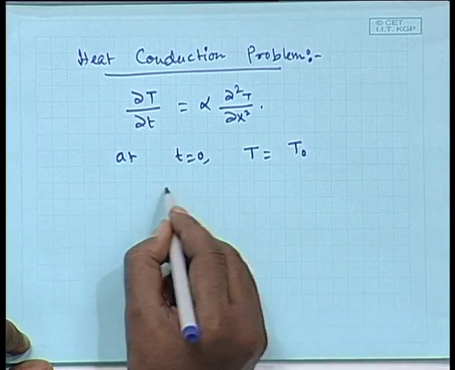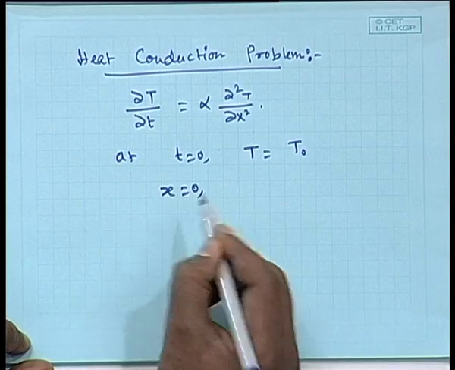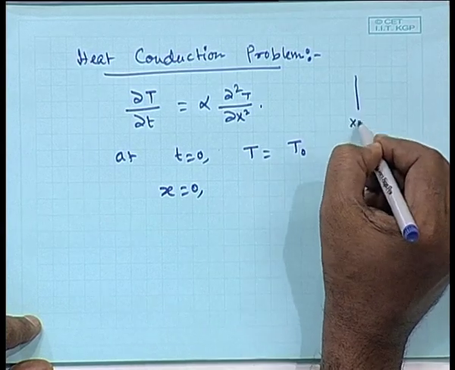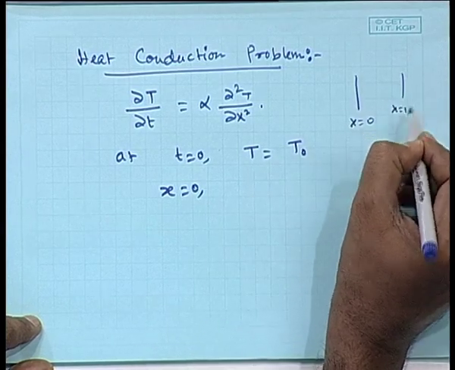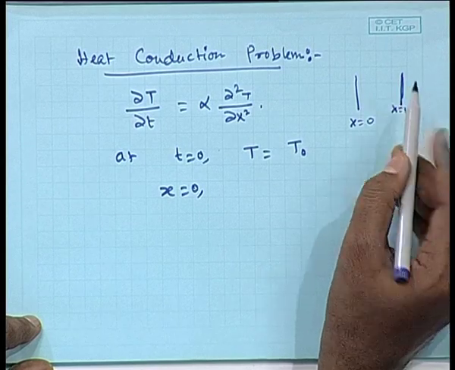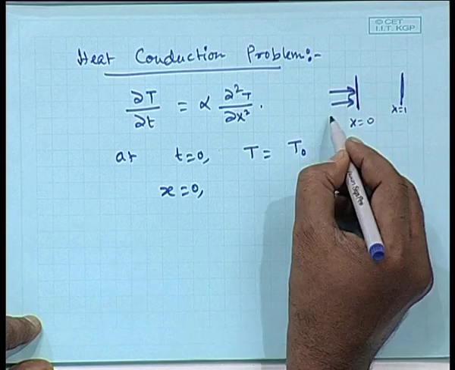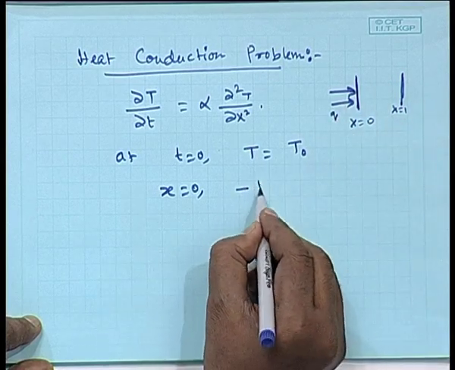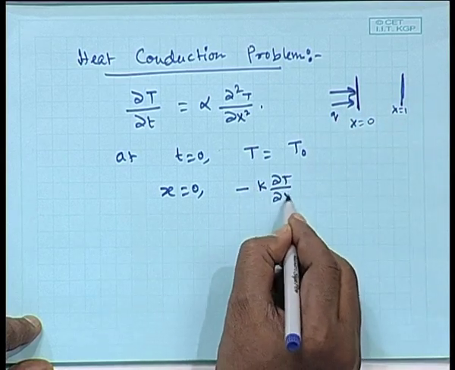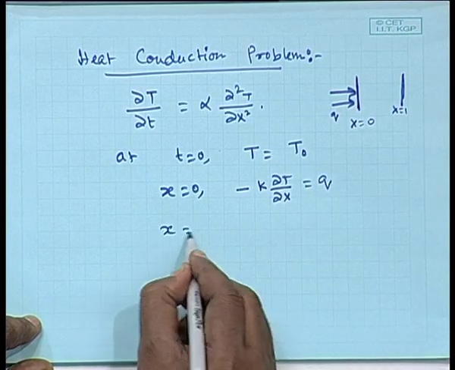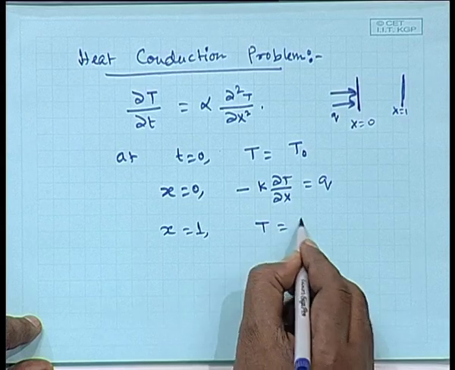Okay. At x equal to 0 for any time, you are supplying a constant heat flux with Q. So, minus k del T del x is Q, and at x equal to 1 you have, let us say, T is equal to T1.